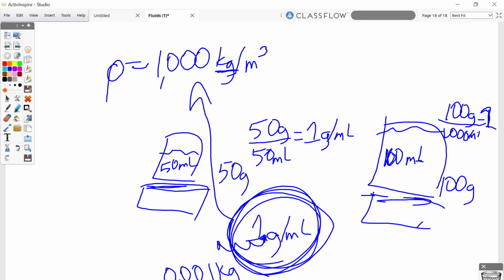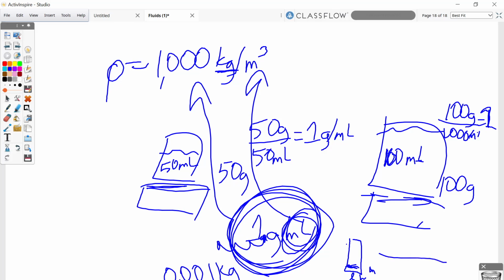kilograms. But now you need to go from milliliters to meters cubed. A milliliter is very, very tiny, okay? So what they're doing is they're saying, well, how many length times width times height in meters is that? It's going to be a very, very small number. A meter is about 3 feet, right?